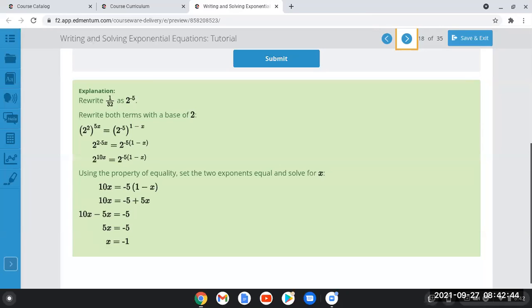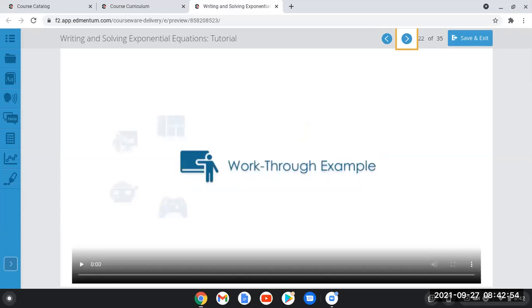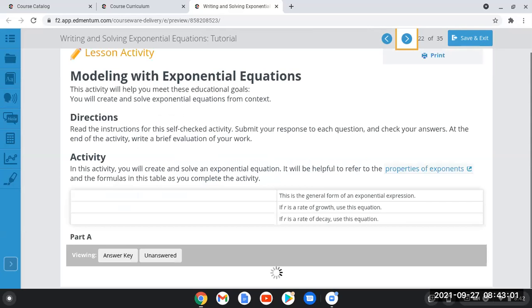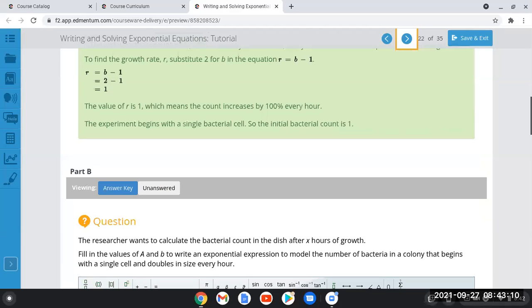Make sure that you understand this information. And then this is just some problems here.